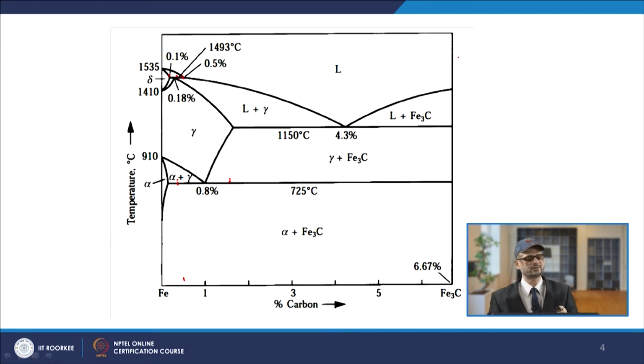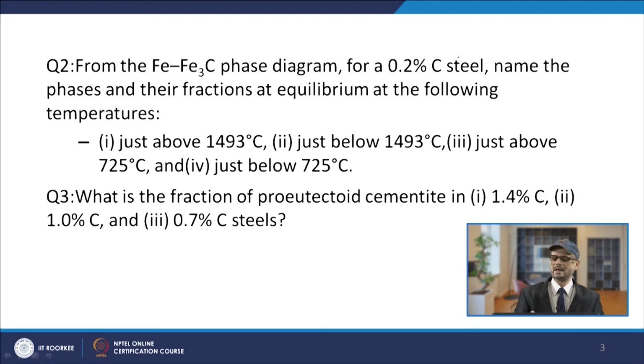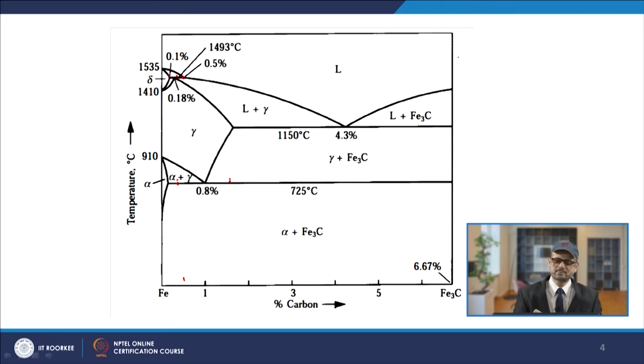Now, next you have 1% carbon. For 1% carbon, you are coming again here on this line. So, it will be 1 minus 0.8 divided by 6.67 minus 0.8.